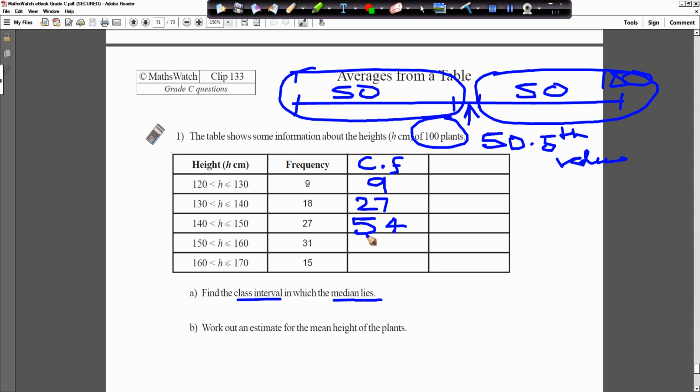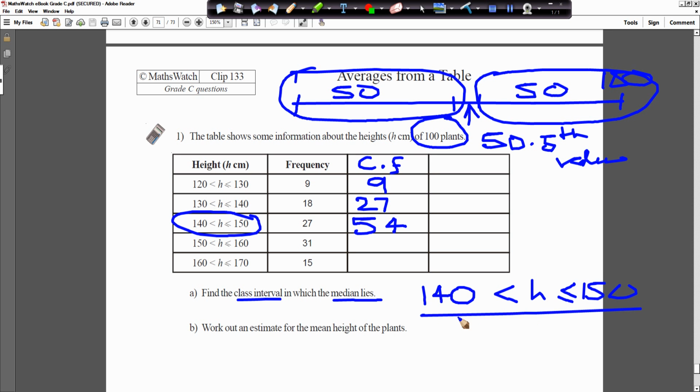So the 54th value is in here, and so is the 53rd, the 52nd, the 51st, and the 50.5th. So the 50.5th value is contained in which group? That one. So the class interval which contains the median value is 140 to 150. Done.